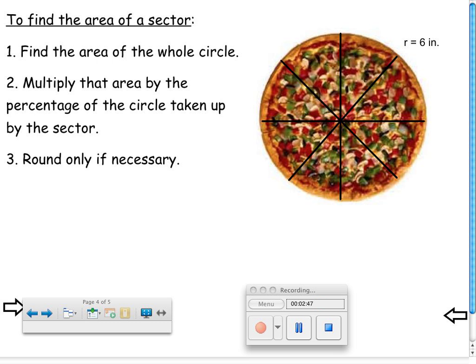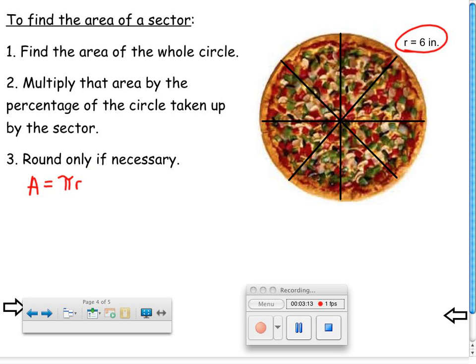So now I'm going to go to the board, so if my voice gets a little lower, you'll know why. Again, we're going to go back to step one. We have to find the area of the whole circle. Well, we know that the radius is 6 inches. So to find the area of that circle, we need to use the formula that we know, which is A equals pi r squared.